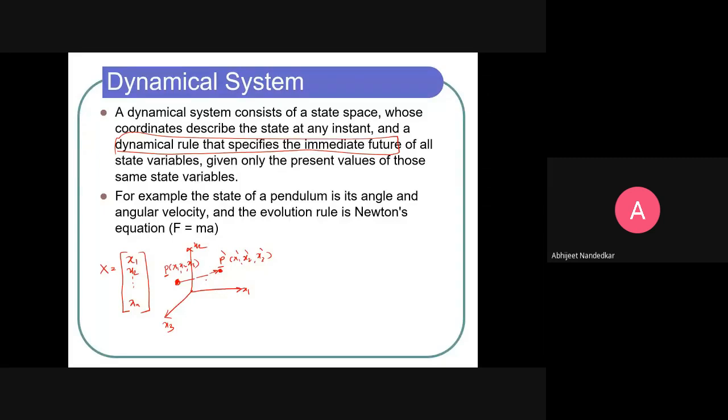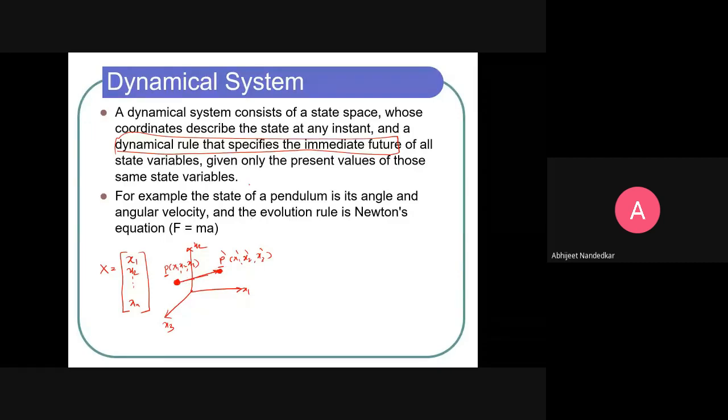That is why this is called a dynamical system, because time is the key thing. There is a time variable. So after a certain amount of time, your system will move from this position to this position.